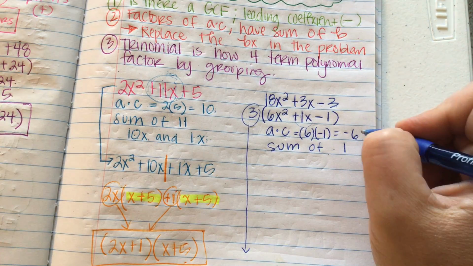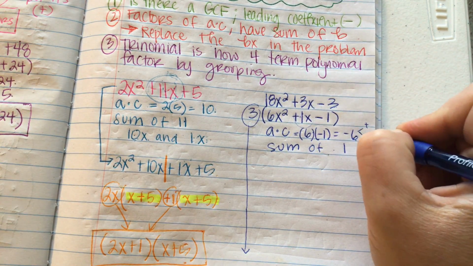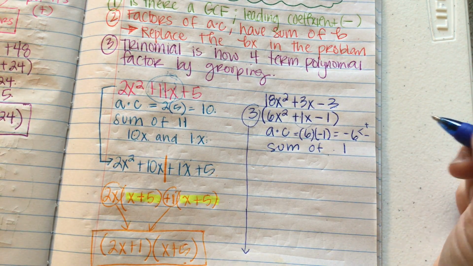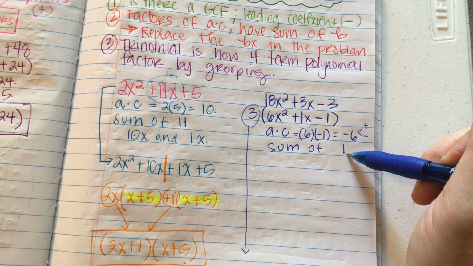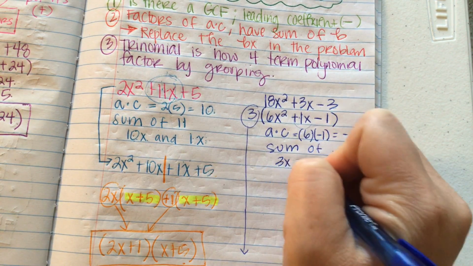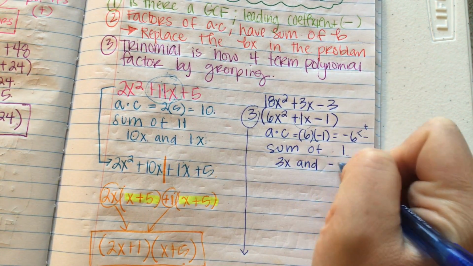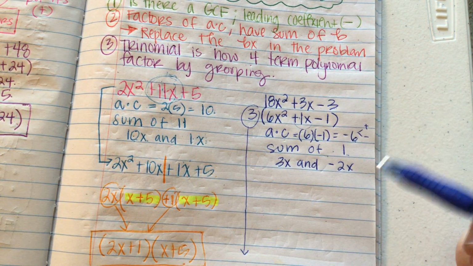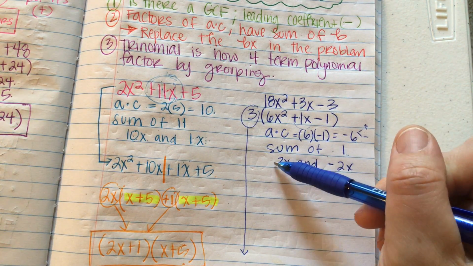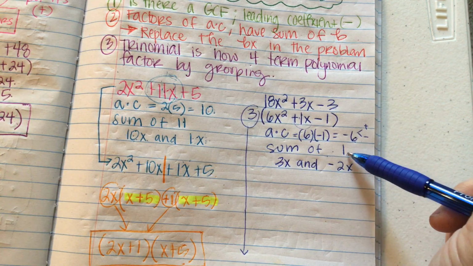All right, so to get negative 6, I have to have a positive and a negative. 3 times 2, how do you get a positive 1 from 3 times 2? Positive 3x and negative 2x. 3 times negative 2 is negative 6. 3 plus negative 2 is 1.